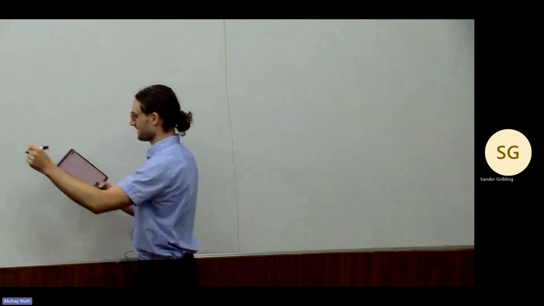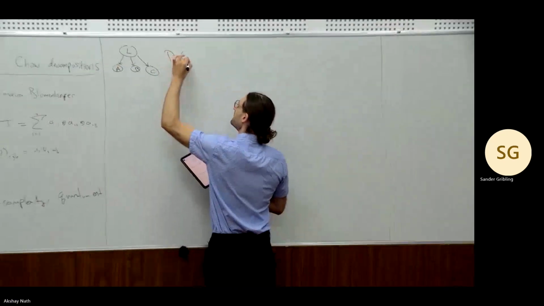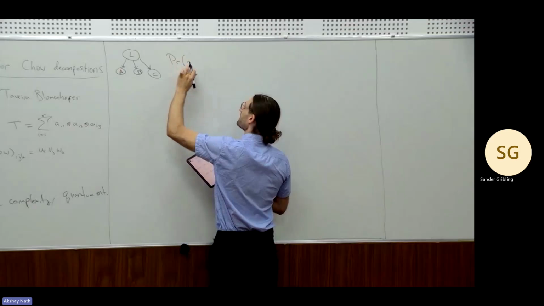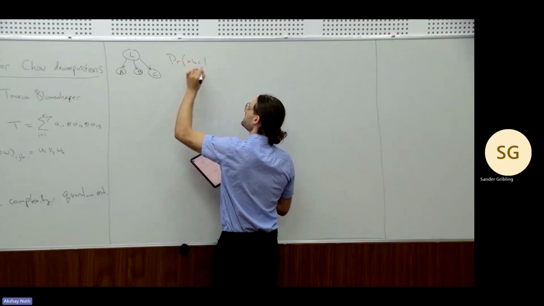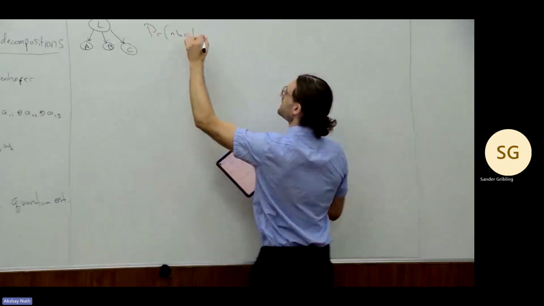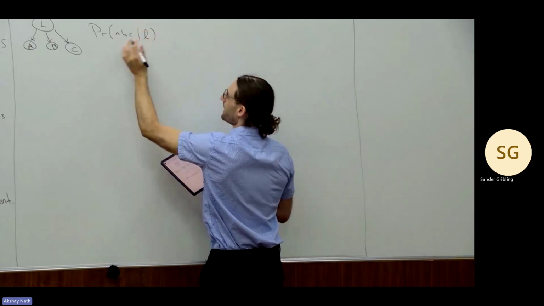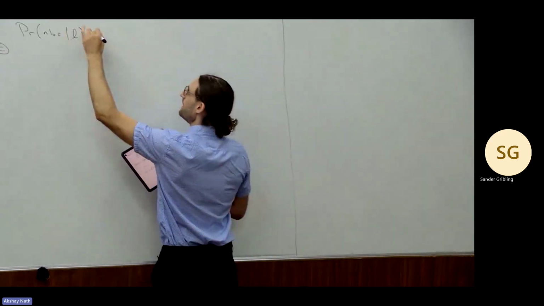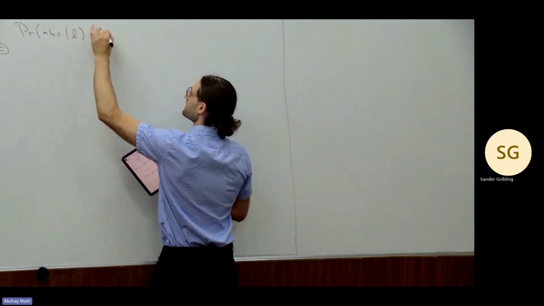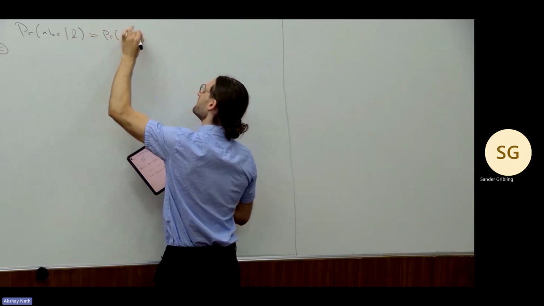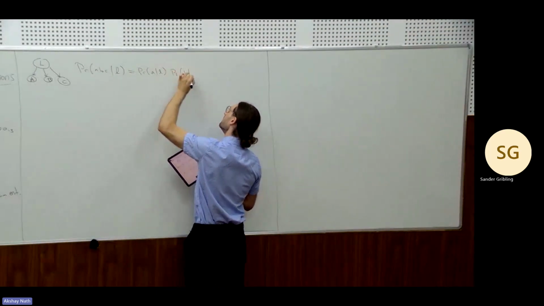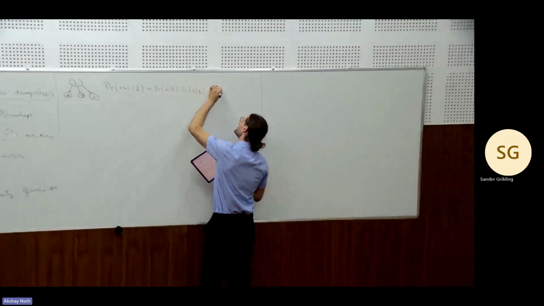So the probability of outcomes little a, little b, and little c for the random variables big A, big B, and big C, conditioned on an outcome L for the latent variable, is the probability of a given L, times the probability of b given L, times the probability of c given L.